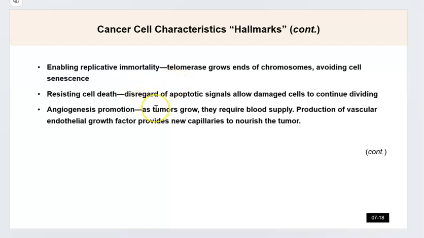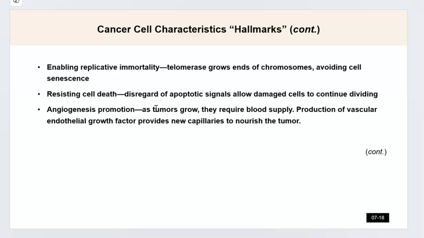Next, we have their ability for enabling replicative immortality. I love that. Remember how we talked about how the DNA will have the telomerase at the end of the chromosome? And it's kind of like every time they replicate, they have to give part of their tail as payment. So they only have 10 pieces to their tail, for example.